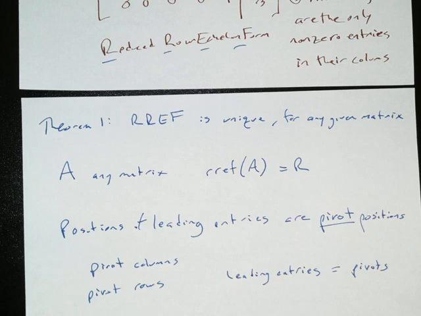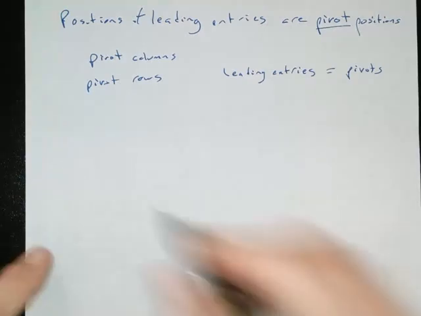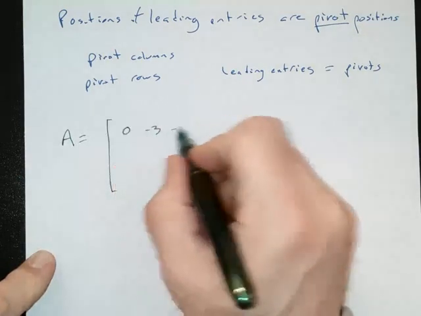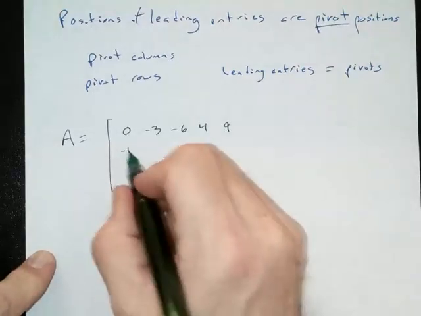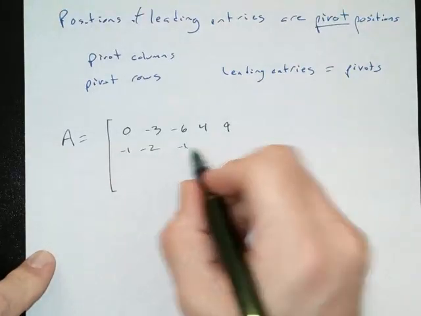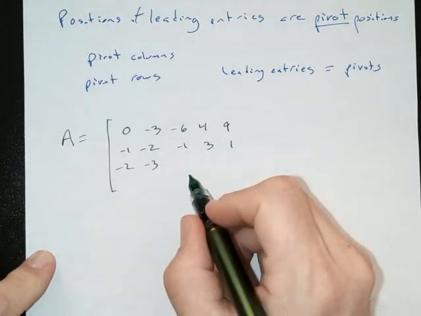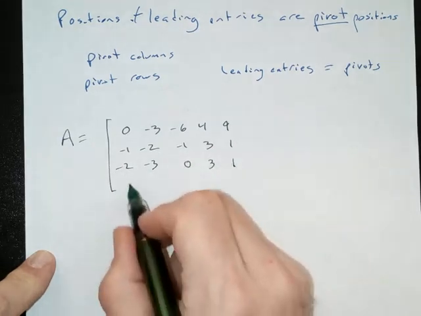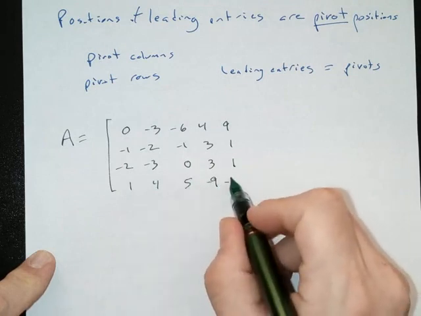Let me do one all the way from scratch. Here is our given matrix A: 0, -3, -6, 4, 9; -1, -2, -1, 3, 1; -2, -3, 0, 3, -1; 1, 4, 5, -9, -7.